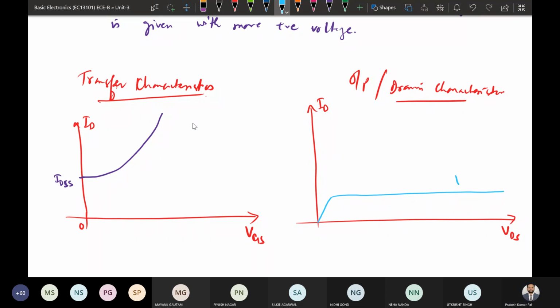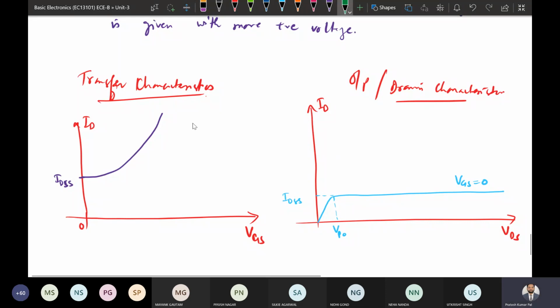This will be the case when VGS is equal to 0, and at that time the current flowing is IDSS. Okay, and at that time the pinch off voltage is VP0, at gate to source voltage 0. So this is your pinch off voltage, after which the current will be constant.